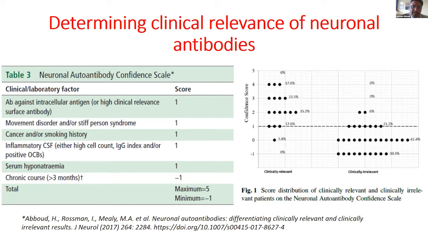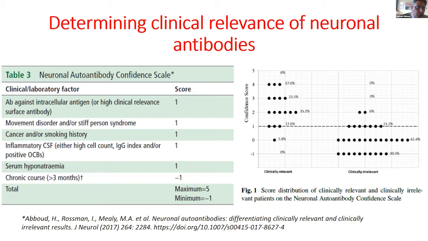And then we came up with the scale. As you can see here, if you score 2 or more on this scale, you're more likely to have a clinically relevant antibody. While if you score below 1, you're more likely to have a clinically irrelevant antibody, while a score of 1 is not really predictive.